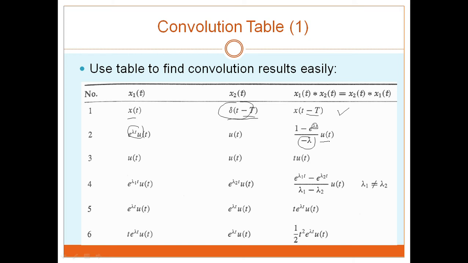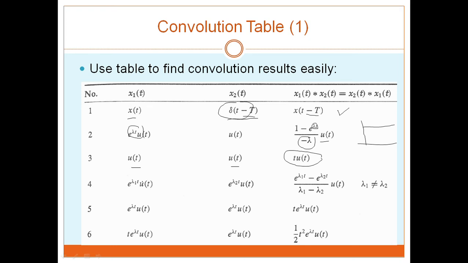So u(t) basically is described as causal, that means you just want it to happen from t larger than 0. And if a step signal u(t) is multiplied by u(t), the resulting convolution will become t u(t), and so on and so forth.